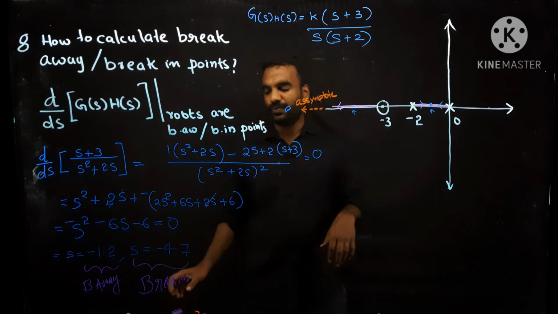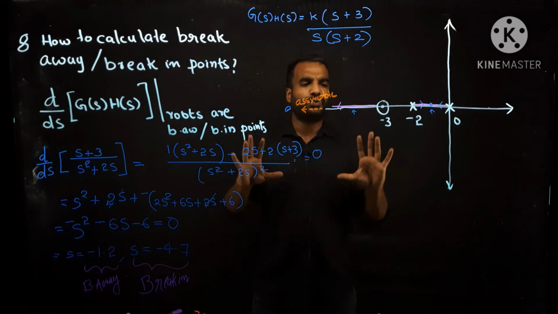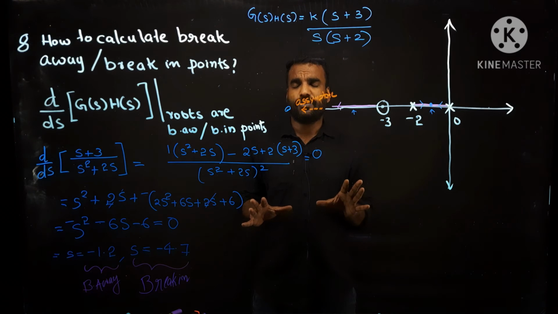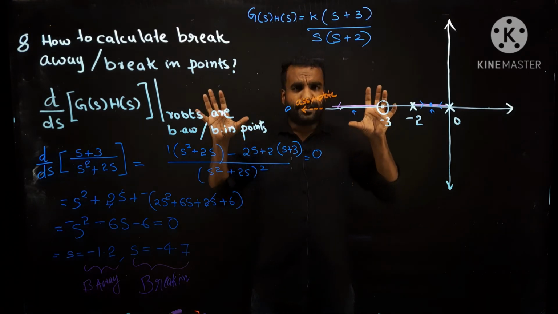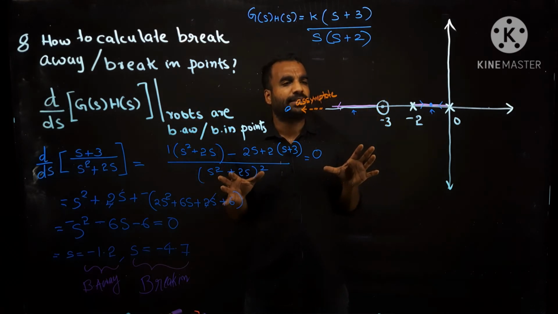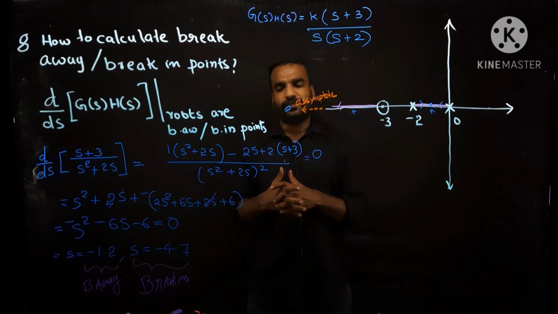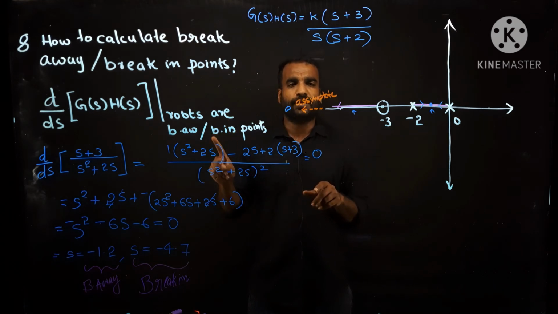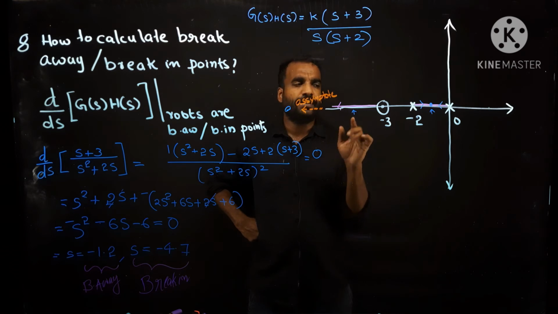Now it's time to come back to our figure. So now I am going to draw the complete root locus diagram. Before that, let me once again go through the basic steps. Initially, we marked the poles and zeros, and then we calculated the number of asymptotes, that is P minus Z. Then we got that there is only one asymptote, and the angle of the asymptote will be theta 0, that is 180 degrees.